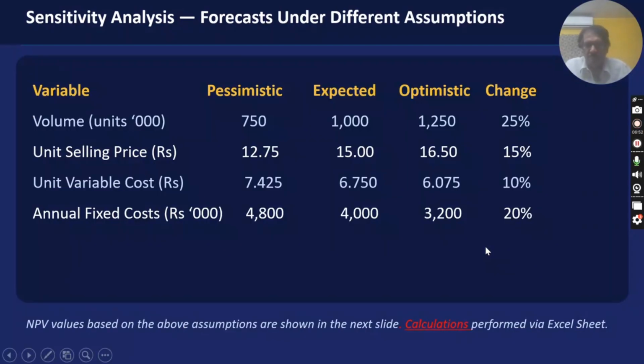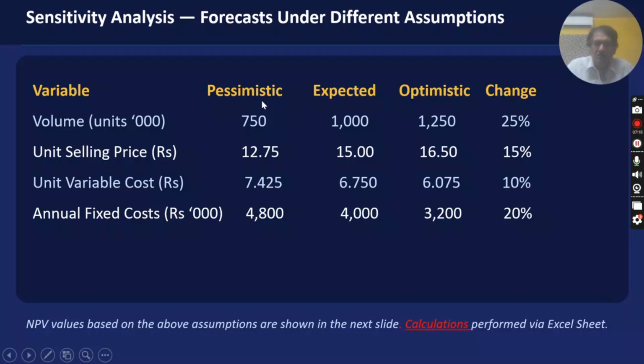Now next, these are the different situations for which we will calculate the NPV value for sensitivity analysis. We are considering here three statuses of the project: pessimistic, expected, and optimistic.